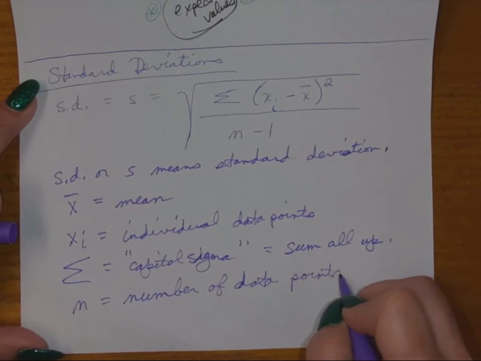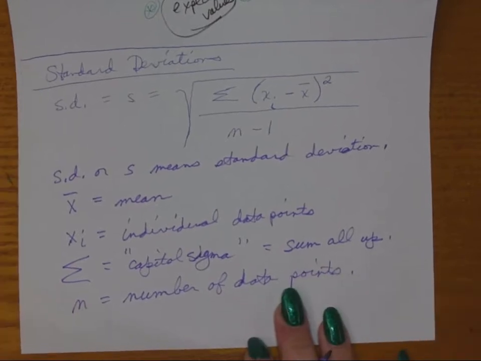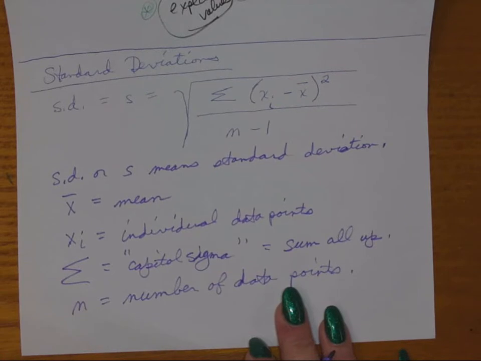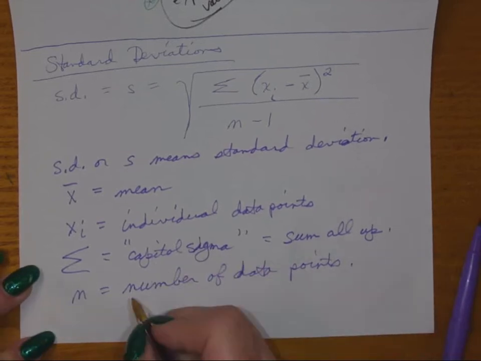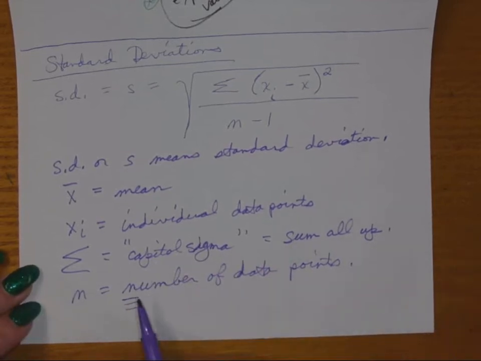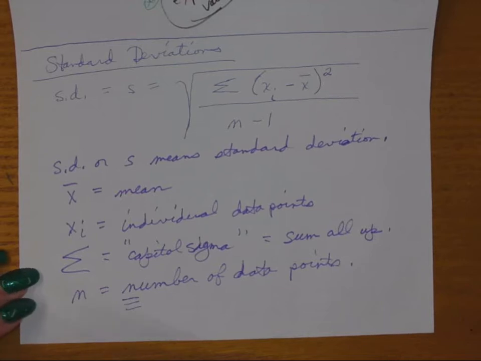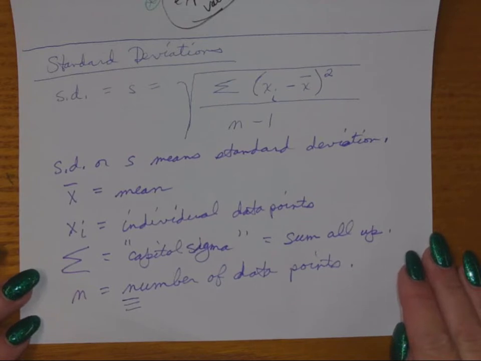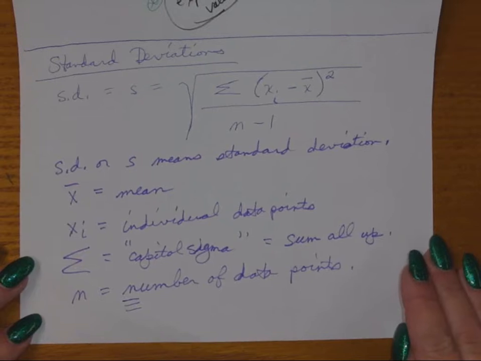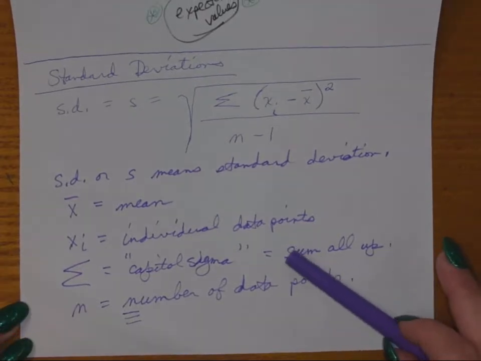So if we were dealing with Babe Ruth's home run seasons, he had 22 seasons, so n there would be 22. All right. So n is just the number of data points. Earlier in the semester, we dealt with the data sample size, right? And in those cases, n was the number of people in my data set. So it's the same n. We have used it before. We have seen it before.